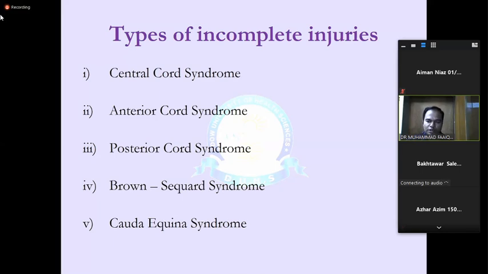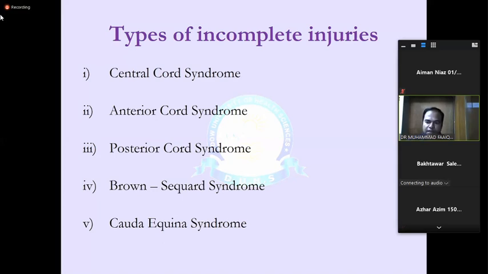So this is the logic behind dividing spinal cord injury into complete and incomplete, because in complete cord injury there is no role of surgery, but in incomplete cord injury, you have to manage this patient on an emergency basis to prevent the conversion of incomplete cord injury into complete cord injury.